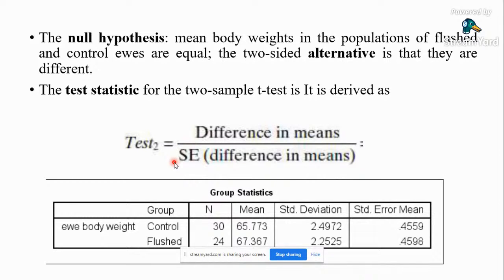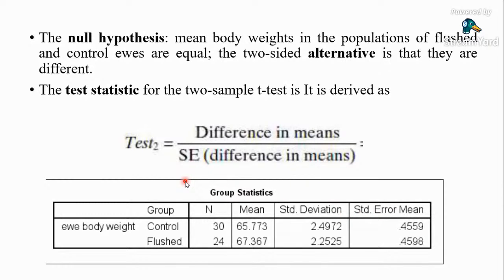Now, when we perform the analysis in a software, you see the groups control and flushed, and then the total number of observations: in the control it was 30, in flushed it was 24, and in total it was 54. And this is the mean, standard deviation and standard error of mean that we get.